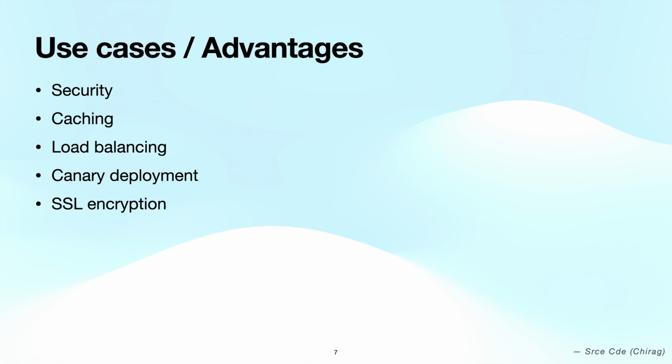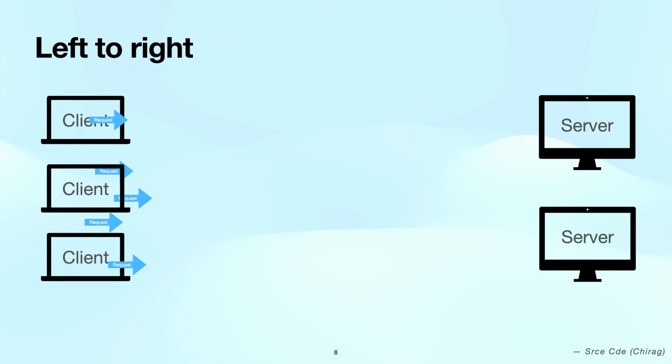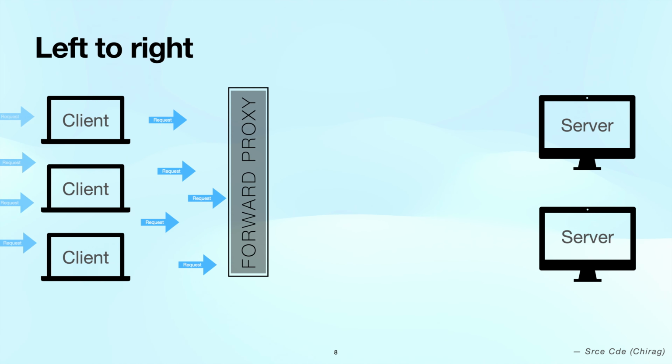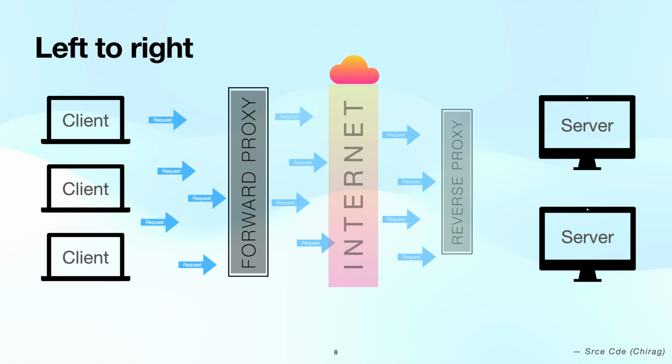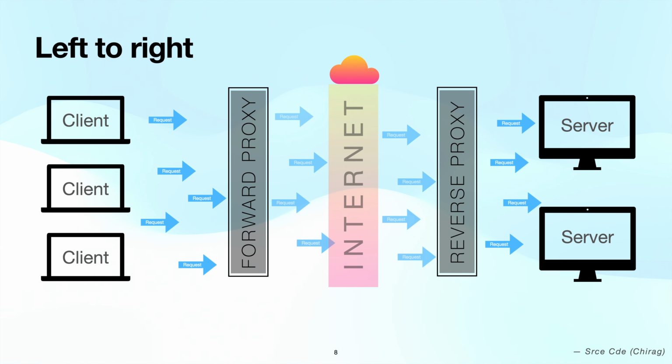Okay, so moving along. In general, if the proxy is configured to act on behalf of the client, or the proxy server is sitting in front of the client who is requesting the stuff, it is known as a forward proxy. Whereas if the proxy is configured to act on behalf of the servers, or the proxy server is sitting in front of the servers accepting and responding to the client request, it is known as a reverse proxy.